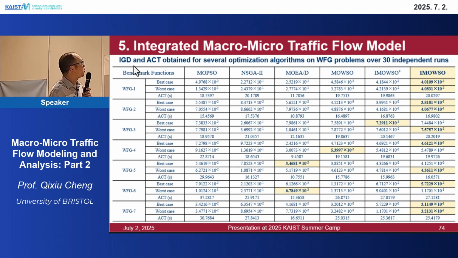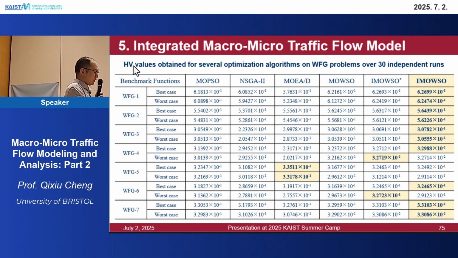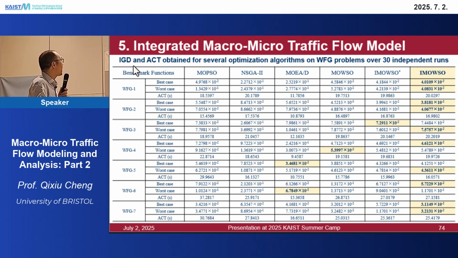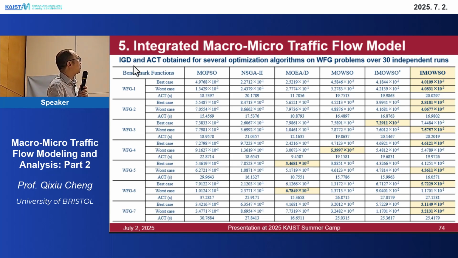This MOWSO is without the improving structure, and this IMOWSO star is without the good point set. And this one is our proposed algorithm. We can see in almost all the cases, our proposed algorithm outperforms the other algorithms, both in terms of the best case, worst case, and also average computational time.